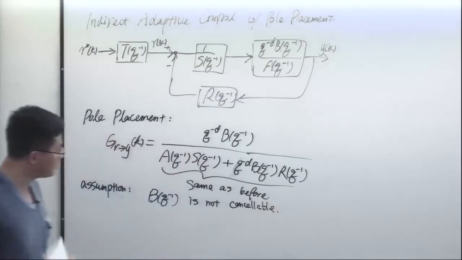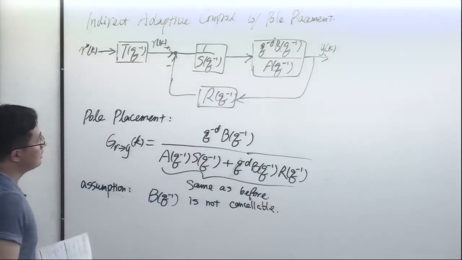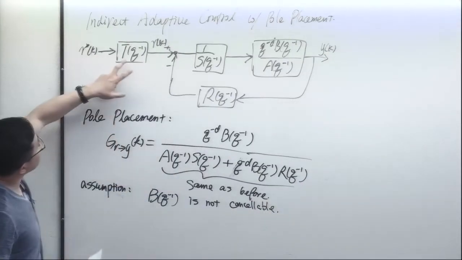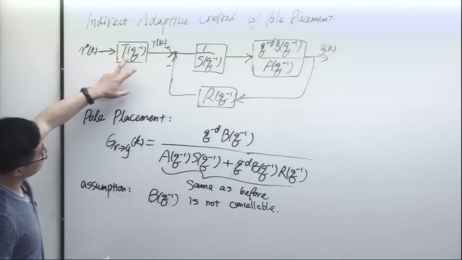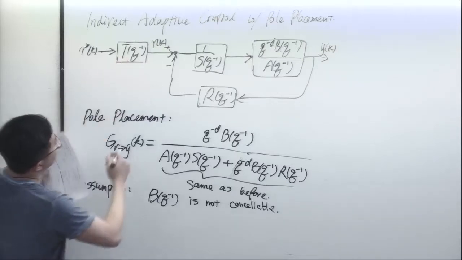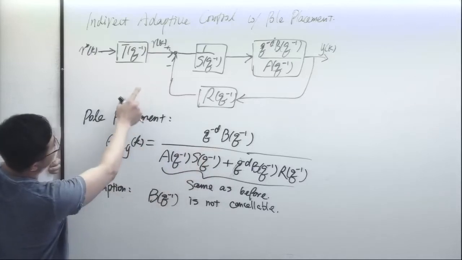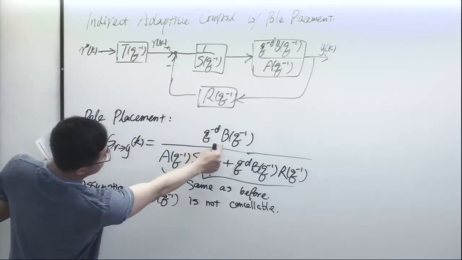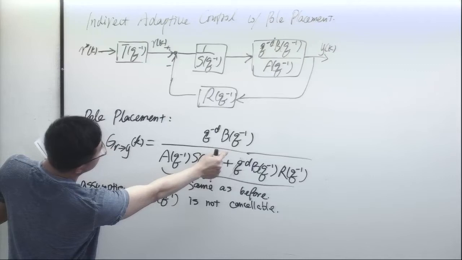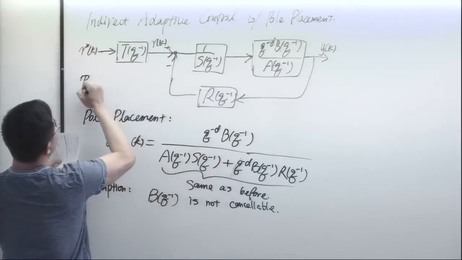It contains some unstable zeros inside. So we cannot let T be the same as before to cancel. So let's do T.